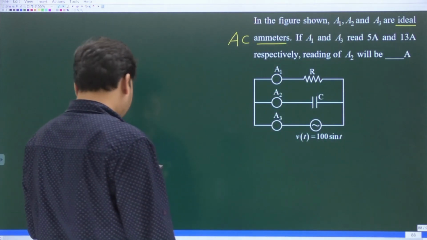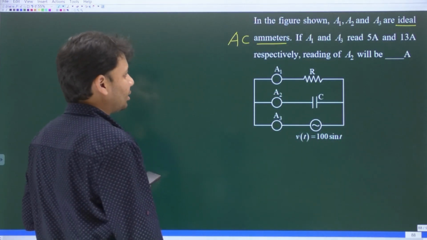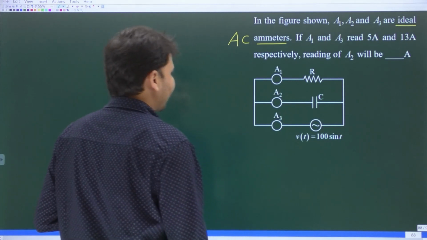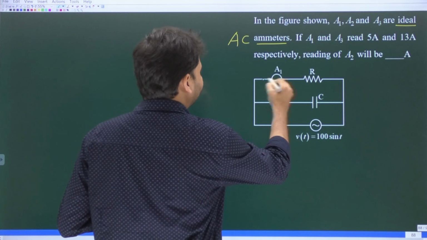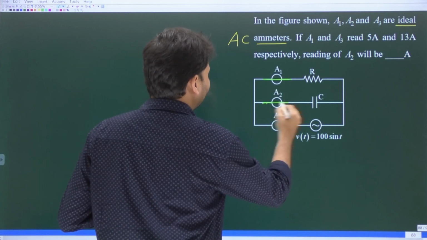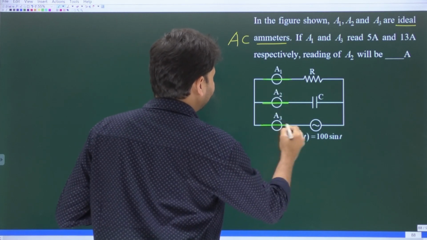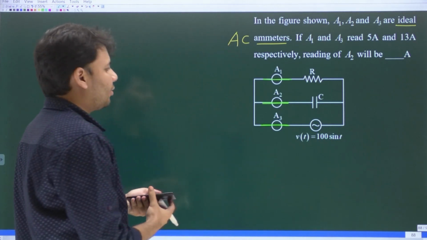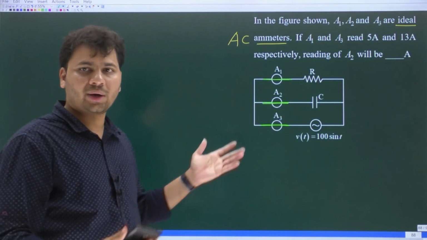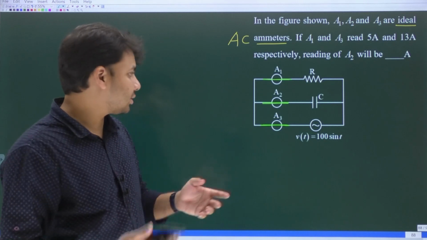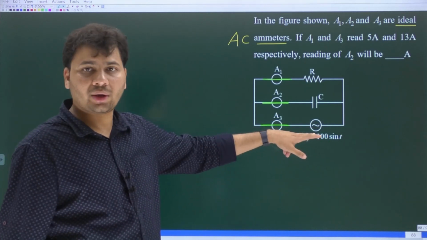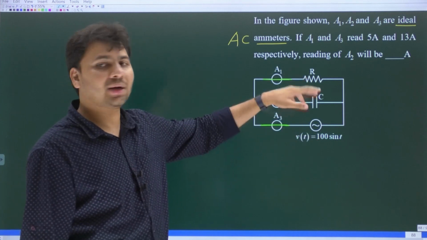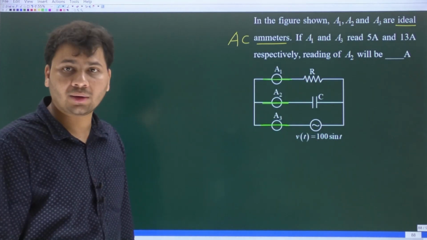So here in this circuit there are 3 ammeters. All are ideal AC ammeters, A1, A2 and A3. In fact, A1 behaves like a short. A2 also behaves like a short. A3 also behaves like a short. So if you imagine that A1, A2 and A3 are all short circuits, don't you all agree that the sinusoidal input voltage source, the capacitor and the resistor are all going to be in parallel?